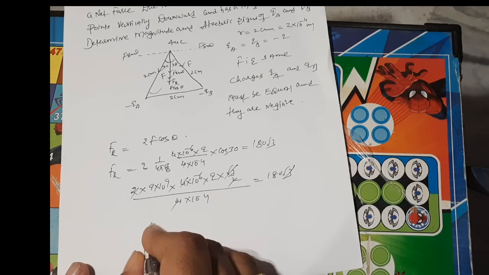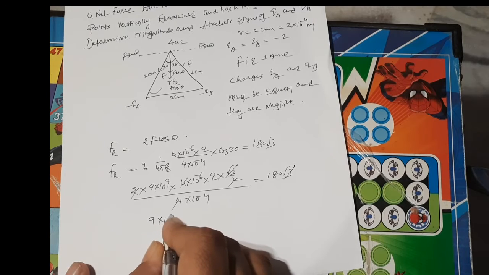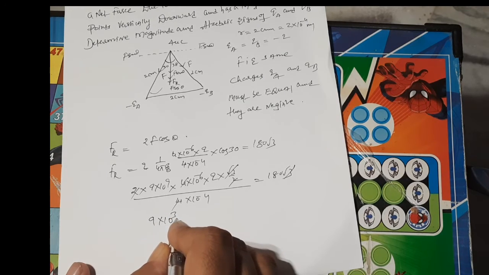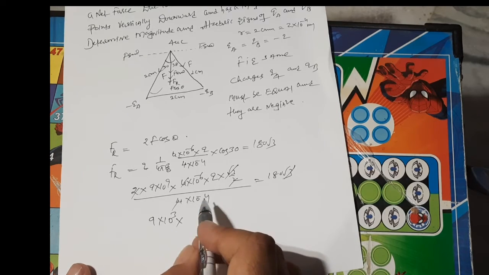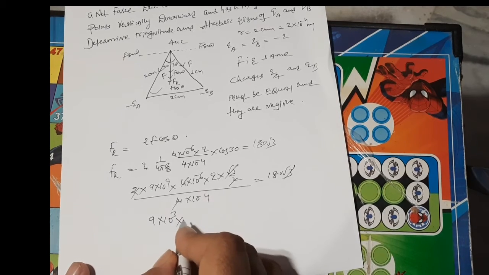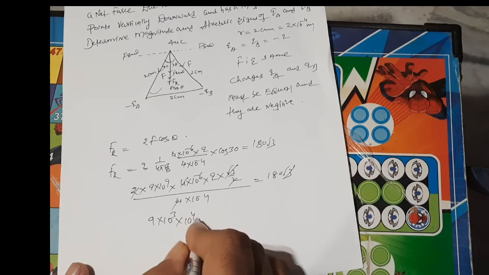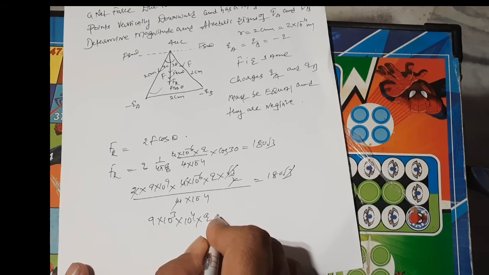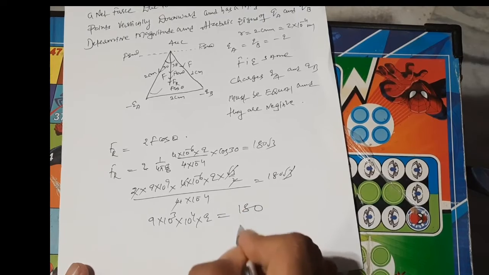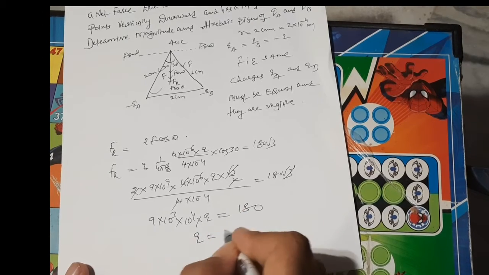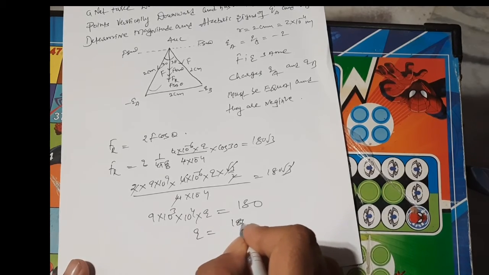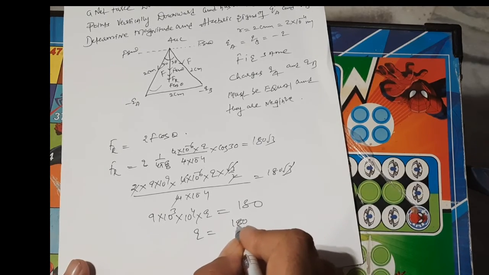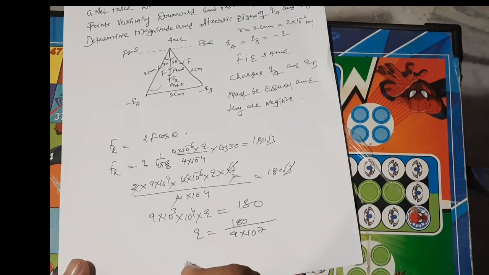So 10 to the power of 9 into 10 to the power of minus 6 is 9 into 10 to the power of 3. The 10 to the power of minus 4 is in the denominator, so bring it to the numerator: 10 to the power of 4 into Q is equal to 180. So Q is equal to 180 divided by 9 into 10 to the power of 7.